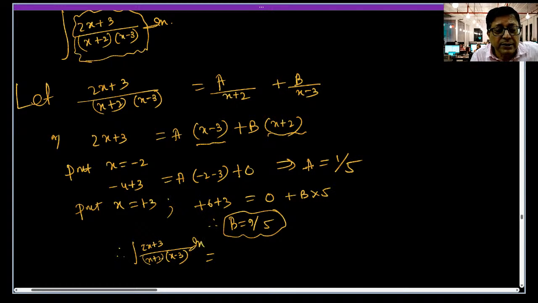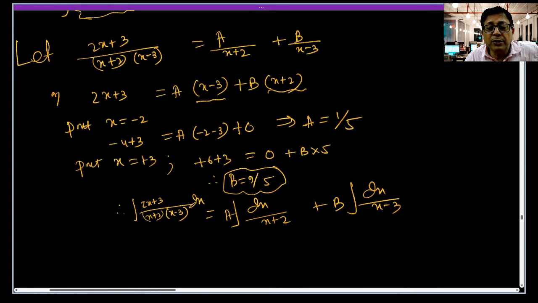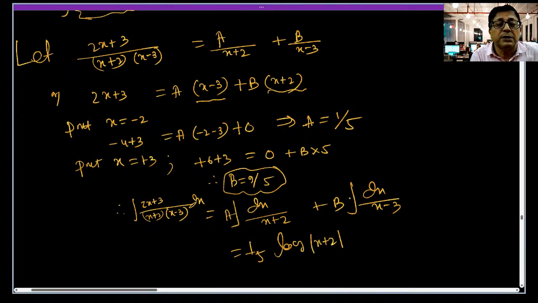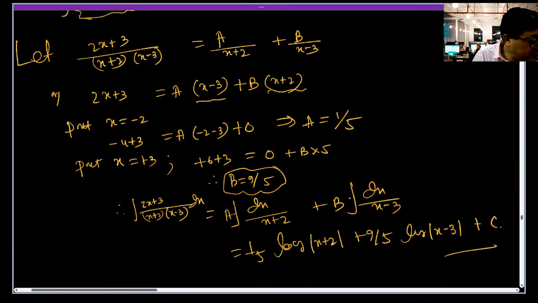So this thing is going to be integration of a, a constant, dx by x plus 2, plus b, a constant, dx by x minus 3. A, b values put there: 1 by 5 log of mod x plus 2. B is what? We found 9 by 5. So 9 by 5 log of mod of x minus 3 plus c. Isn't it?